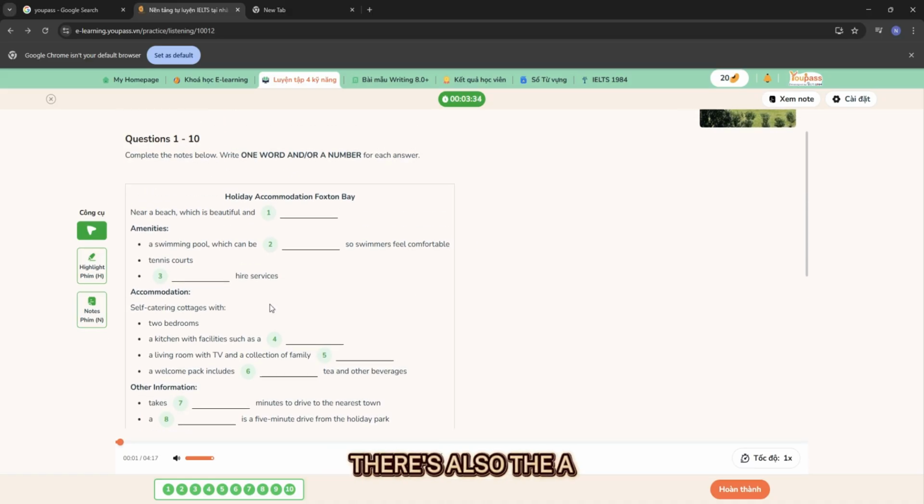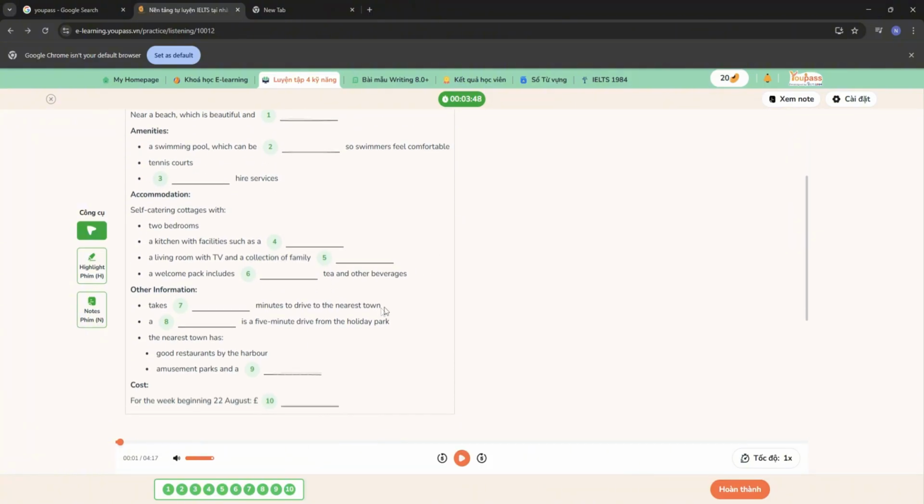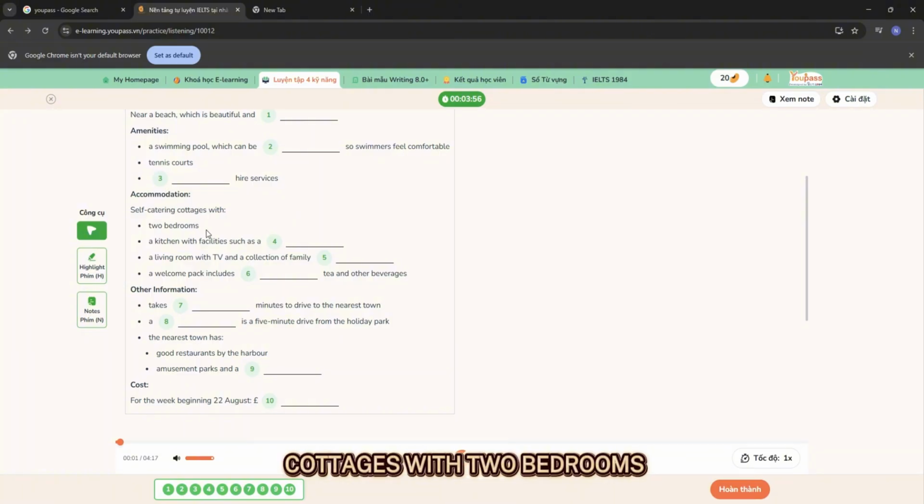Other than that, there's also the tennis court or something hire services. So something they can hire, probably a bike or some kind of other transportation, I guess. Alright, next for the accommodation itself, there's the self-catering cottages with 2 bedrooms, kitchen with facilities such as something.